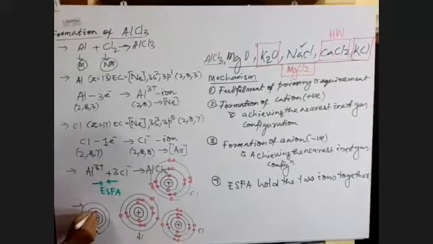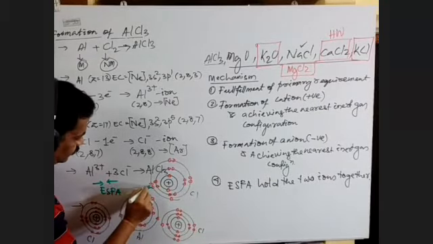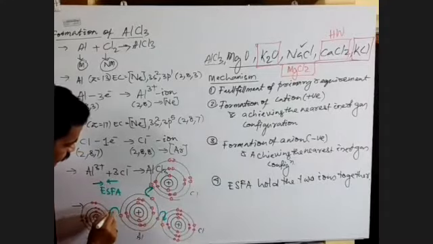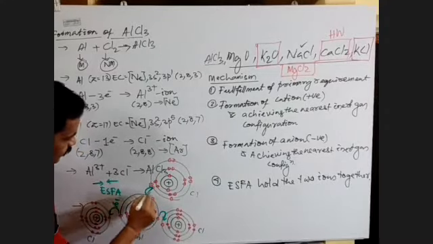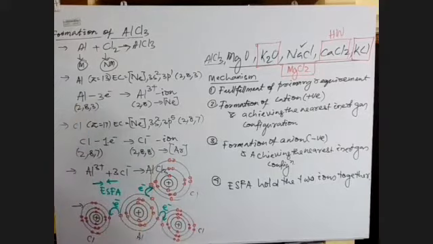Same again, up to 17. Now one electron you have to make jump. So aluminum will donate like this: one electron here, one electron here, and one electron here. So this is the transfer of electrons from aluminum to 3 chlorine.